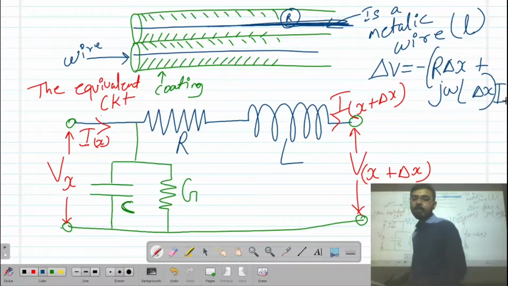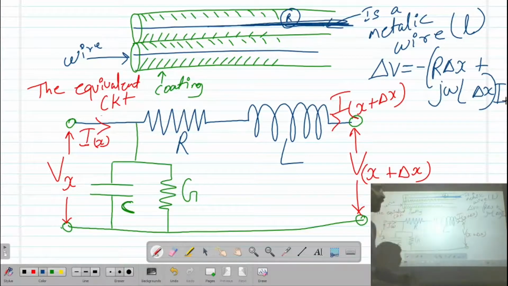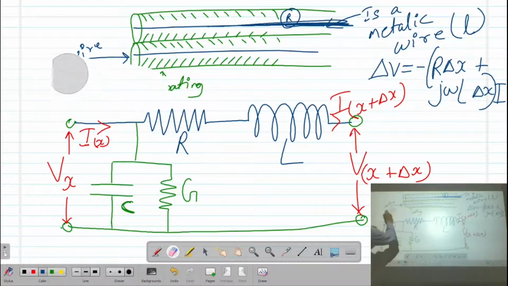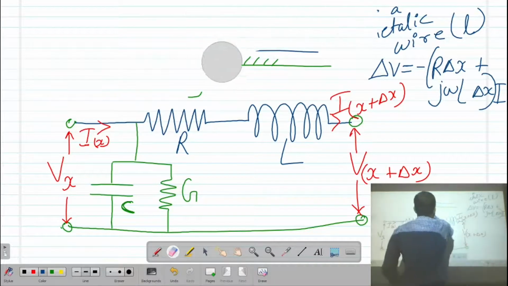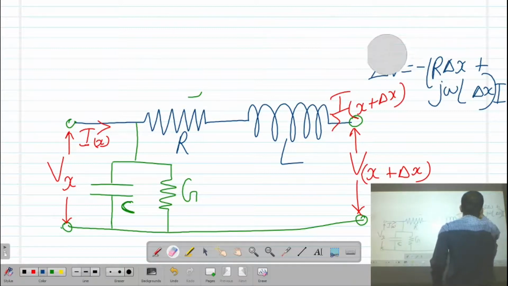This is nothing but the voltage and current relation. Let me write it over here because we have to derive the equation.